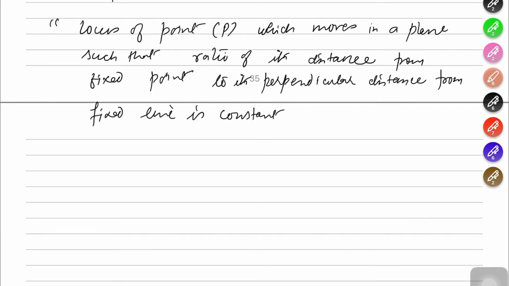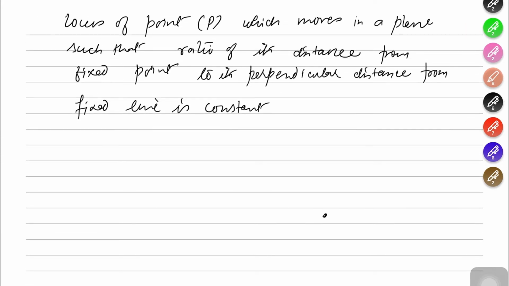Suppose this is a fixed point, I say it's F, and let's say the fixed line is this. There is some variable point P. The point P is moving such that its distance from the fixed point is, let's say, d1, and its perpendicular distance from the fixed line is d2.